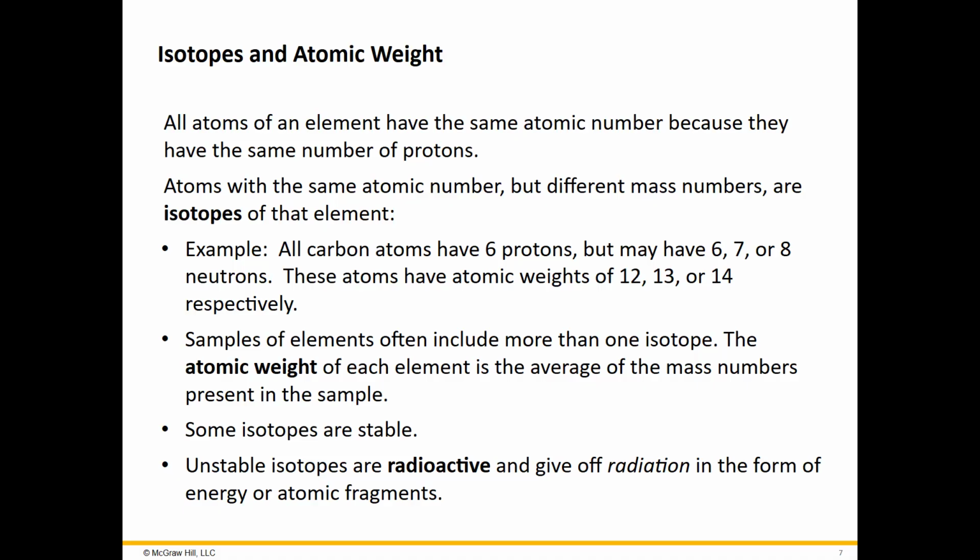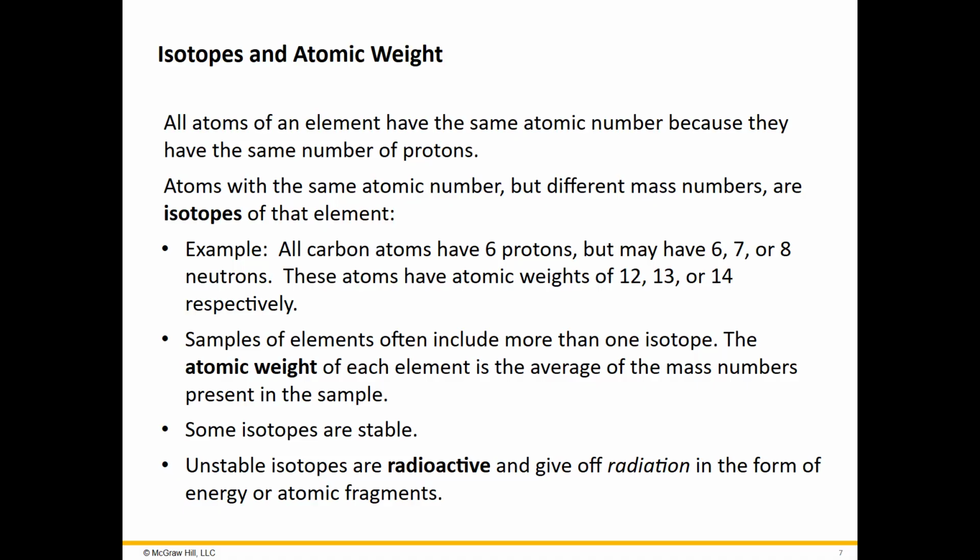Atoms with the same atomic number but a different mass, which must mean a different number of neutrons, are called isotopes. So if we're talking about a difference between protons and electrons, we're talking about an ion. More electrons, negative ion. Fewer electrons, positive ion. The difference between the number of protons and the number of neutrons is an isotope.